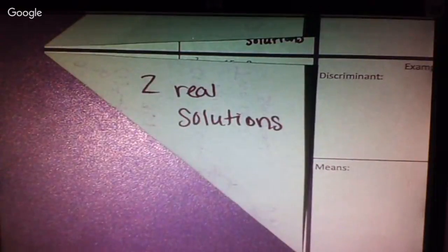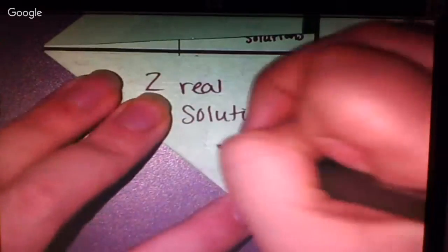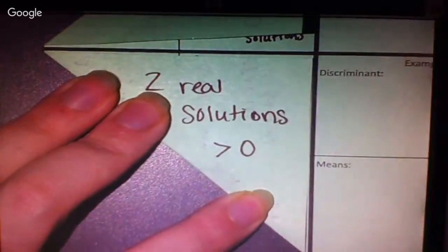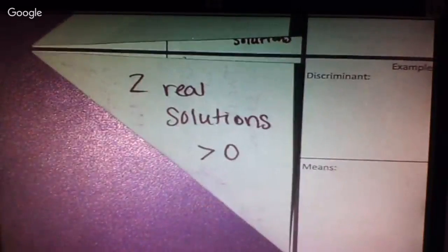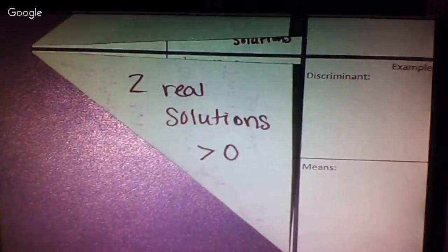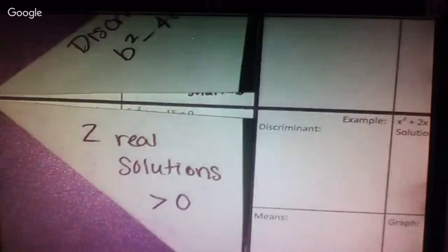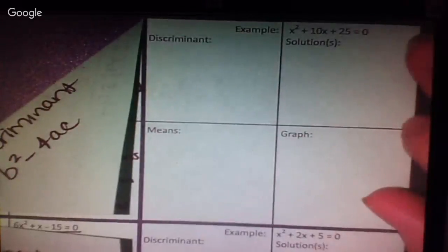No, because you just use the discriminant every time. It just depends on your answer. You should put greater than 0, less than 0, or equals 0. So you can put that it's greater than 0, and that means you have 2 real solutions. And the other ones are less than 0, or equal to, depending on what we have.